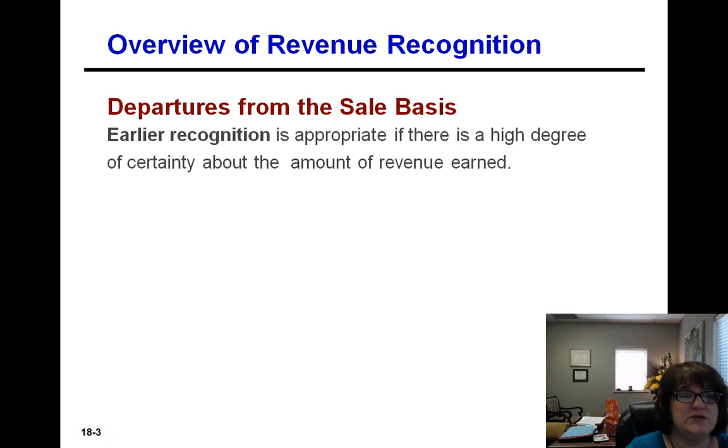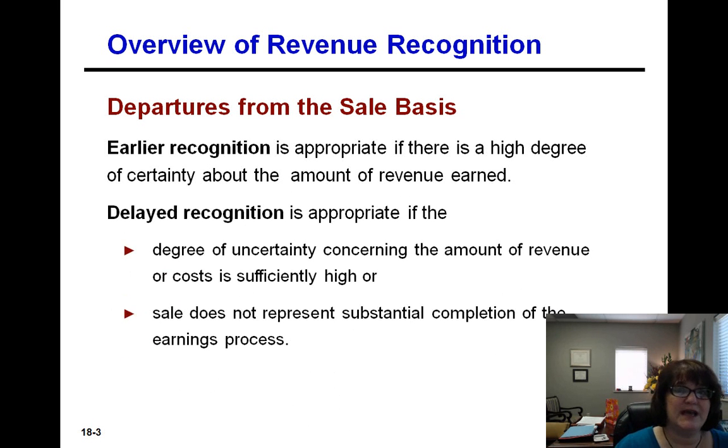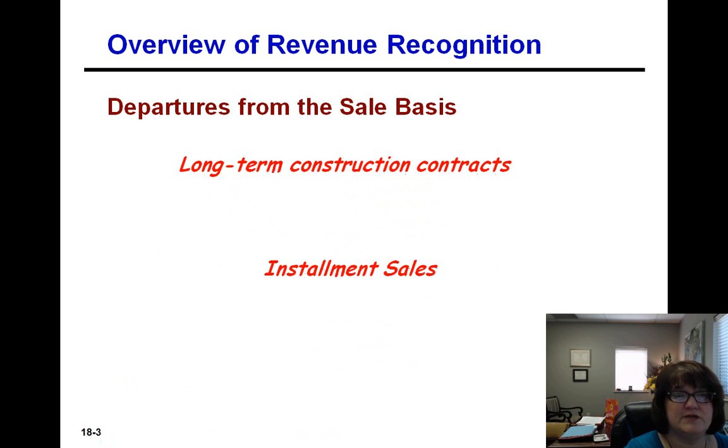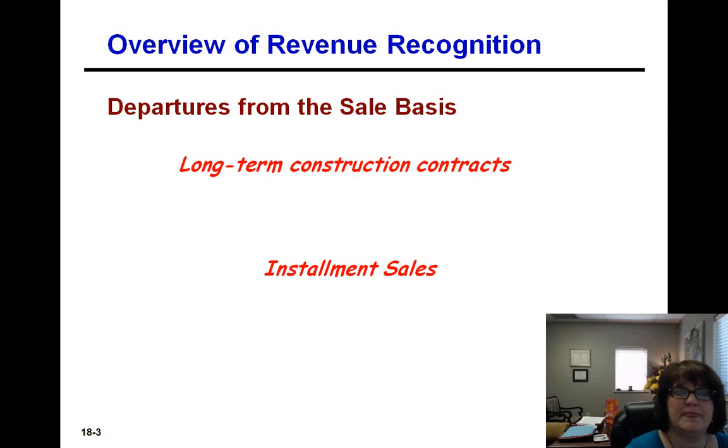For example, the first exception is there are occasions during which you can recognize revenue before the earnings process is complete. There are also cases where you will delay recognition after the earnings process is complete because you have a high degree of uncertainty to deal with. In particular, we'll be talking about long-term construction contracts and installment sales, and in each of those two areas, that's where we'll spend our time in class.